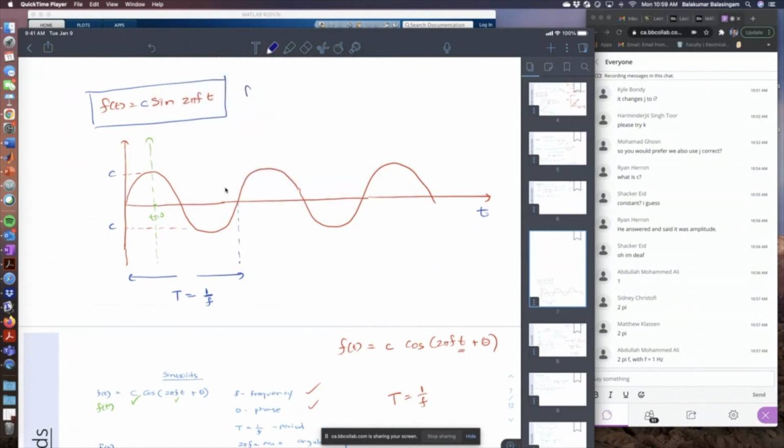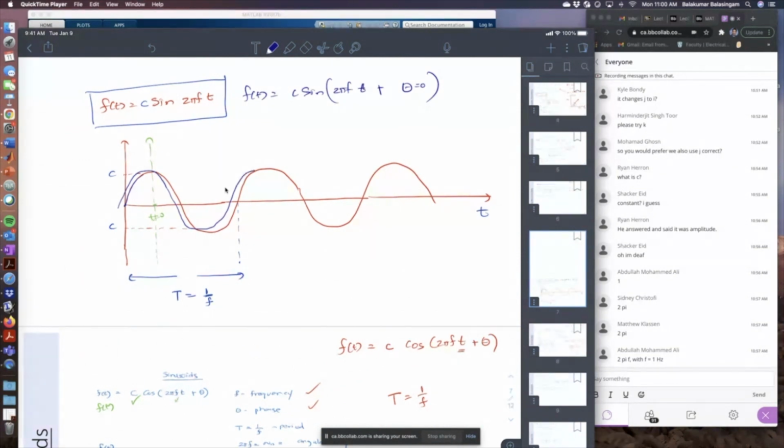So C sine 2 pi f t plus theta, with theta equal to 0. There is no phase difference because at 0 the signal starts like that. If there is a phase difference, then it will be different based on the phase difference.